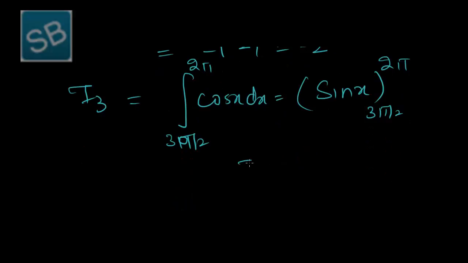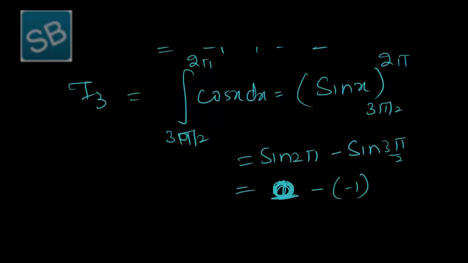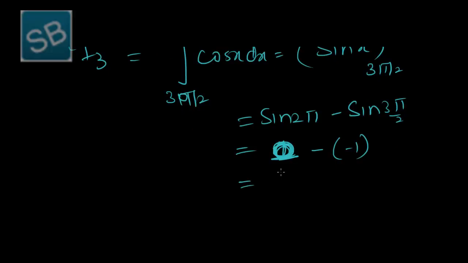So we get sin 2 pi, the upper limit, minus sin 3 pi by 2. Sin 2 pi is 0, because sin n pi is 0. And sin 3 pi by 2 is minus 1. So we get the value of I3 is 1.